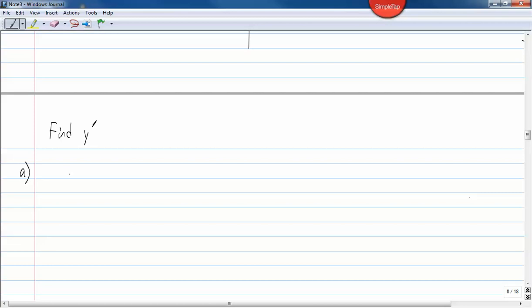Let's say I had y equals 5e to the x squared plus 5 power. Try that one. Let's try y equals x squared e to the negative x power.